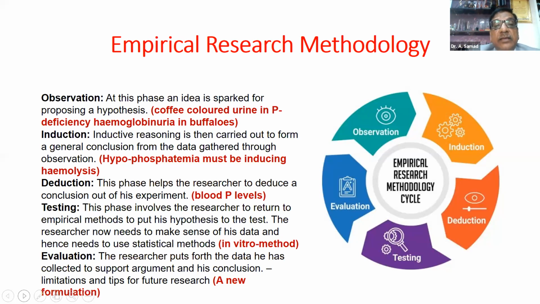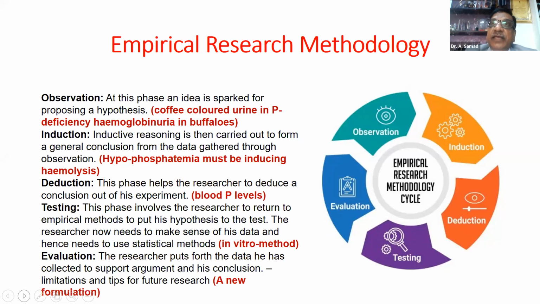And then you start, number one, you deduce from certain experiments. For example, you do 20-25 cases and then say, okay, this observation that it is because of phosphorus deficiency is correct. And then starts the testing phase.